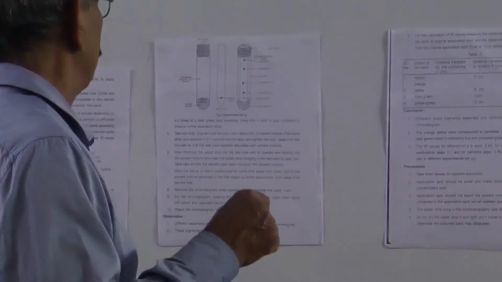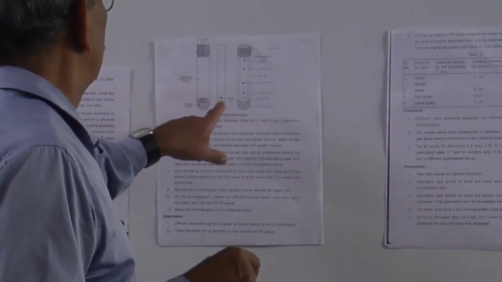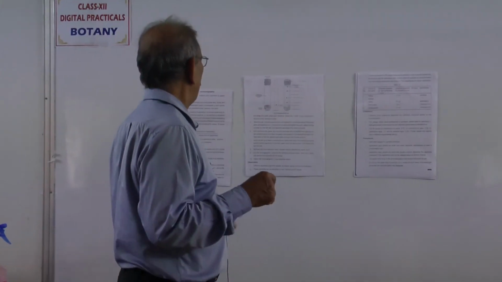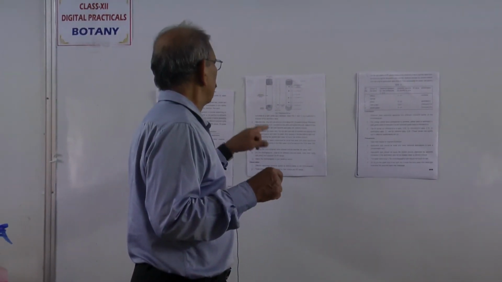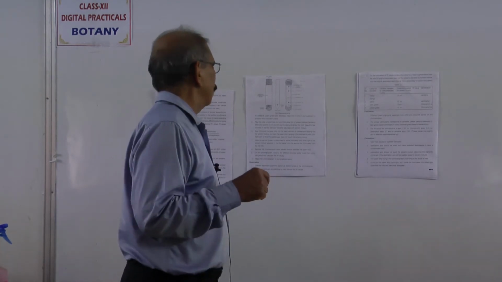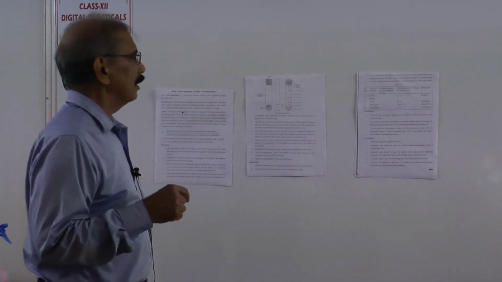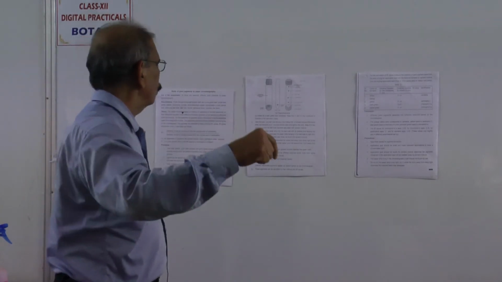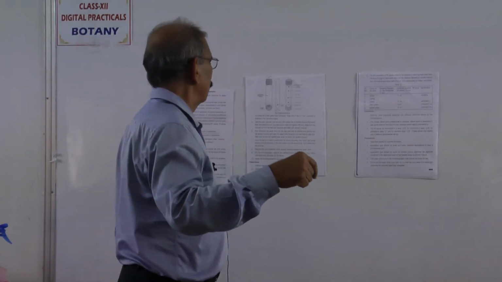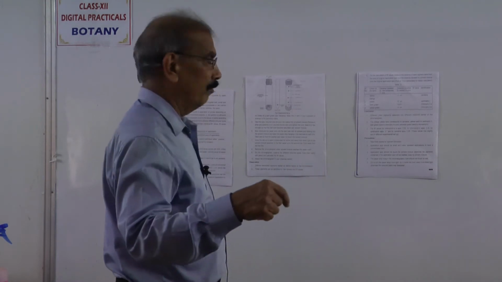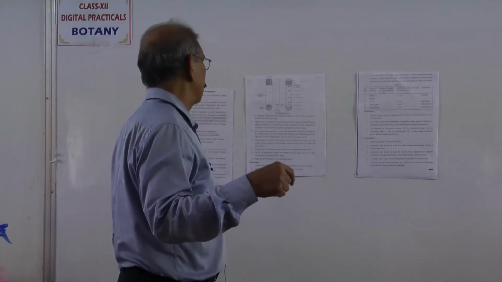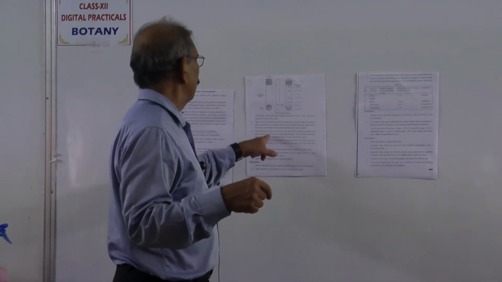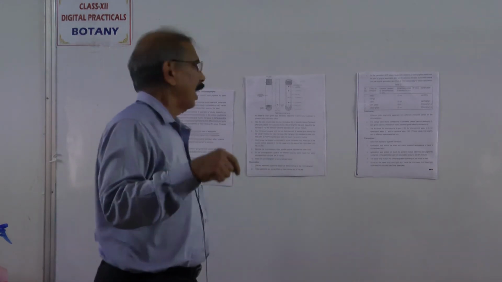Take a long test tube like this, and now introduce the paper strip into the test tube with the pointed edge dipping. The pointed edge should just touch that solvent, dipping into the solvent mixture, and keep the paper strip hanging.